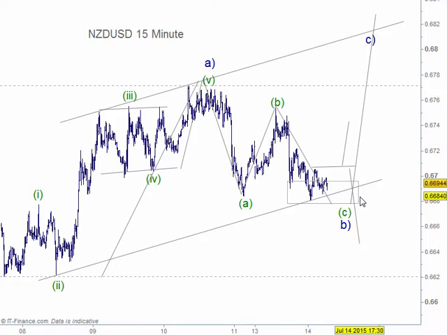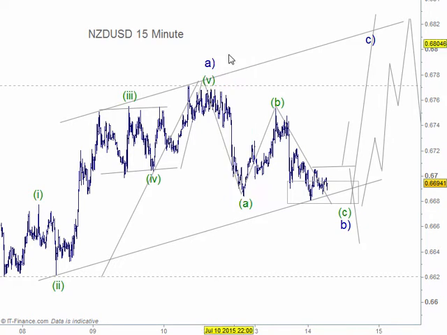This is the same length as wave A over here, and we'd look at that in terms of 1, 2, 3, 4, and 5, and then down from there. So understanding what occurs in this little space here will give you a clear indication of what the next trend is.